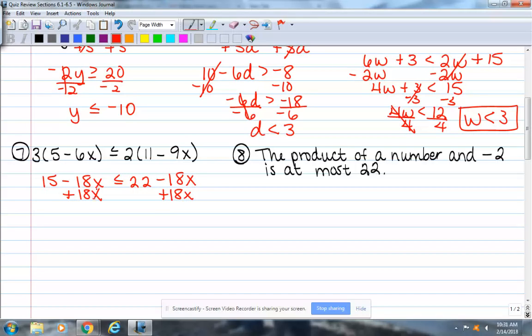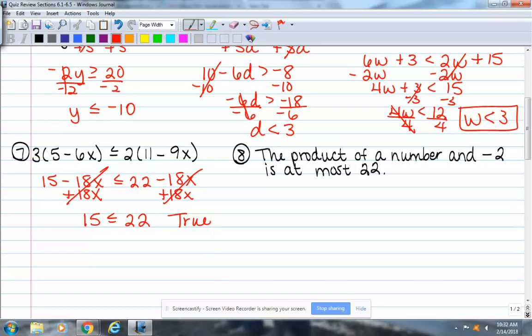And what happens? The variables cancel out. So what do I write down? I don't just stop. I have to keep going with something. 15 is less than or equal to 22. Is that true or false? That is true. 15 is less, and those aren't even negatives, people.